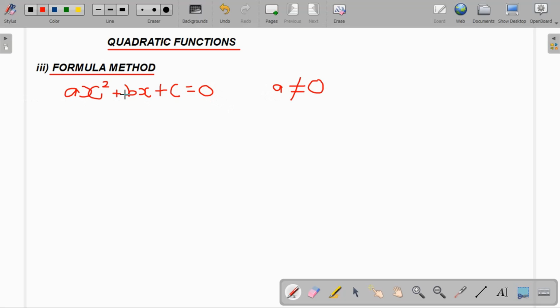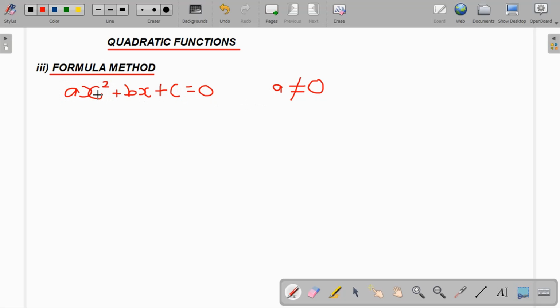This is what we call a quadratic function. a is not equal to 0, because if a is 0, then 0 multiplied by x squared is the same as 0.